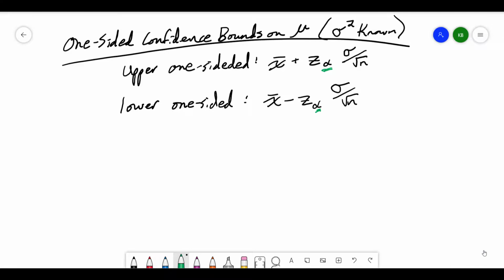And if we're taking the upper one-sided bound, if we're trying to find it, then we're going to be adding our margin of error to our mean. And if we're looking for that lower one-sided bound, so something that we're guaranteed that everything falls above, we're going to be taking our mean and subtracting that margin of error that we have. Otherwise, everything about one-sided confidence bounds is pretty much the same as the two-sided version.